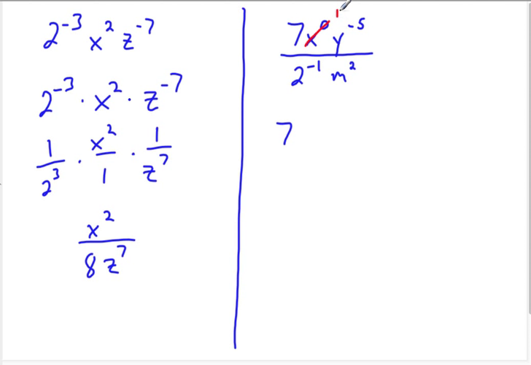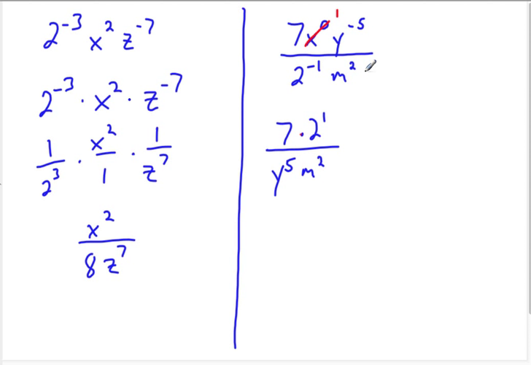It turns into a 1, right? And then this 2 to the negative 1 means it jumps to the top. So that's going to be times 2 to the 1. And then this y to the negative 5th is going to go to the bottom. And this m squared stays where it is because it's already on the bottom and the exponent is positive.